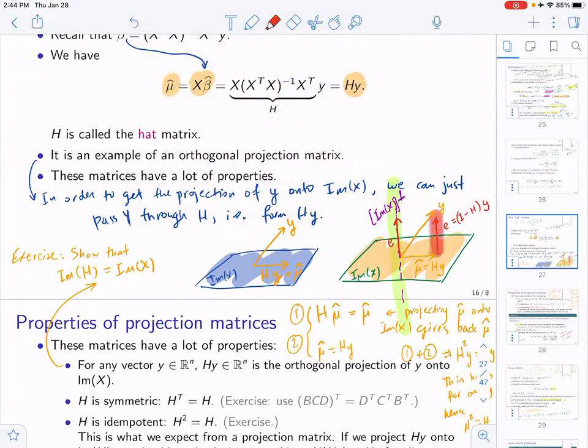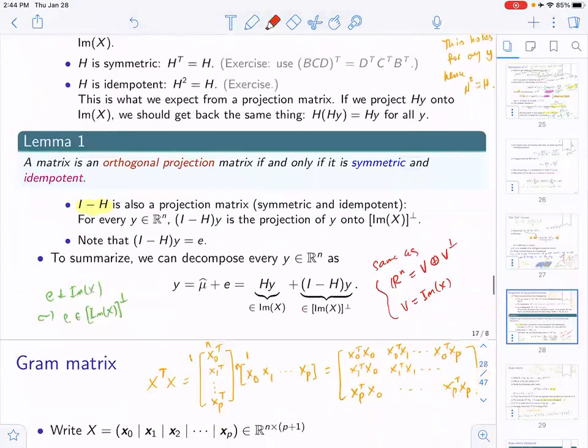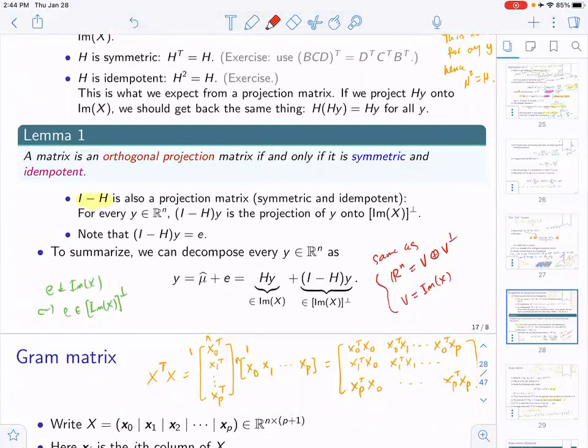One piece is along the image perp. The other piece is in the image of X. So every vector can be written as the sum of these two pieces, and you can get these two pieces by multiplying by the corresponding projection matrices. So this is just an expansion of the discussion of projection.